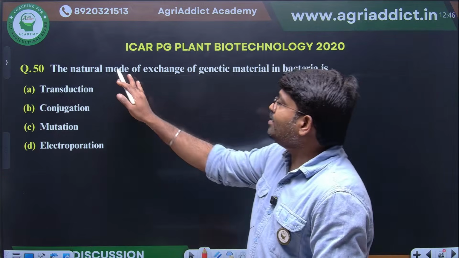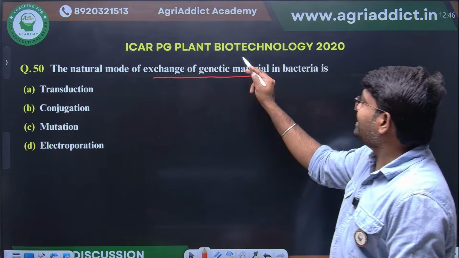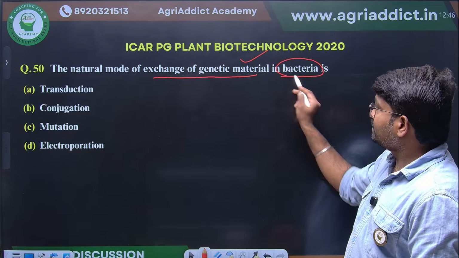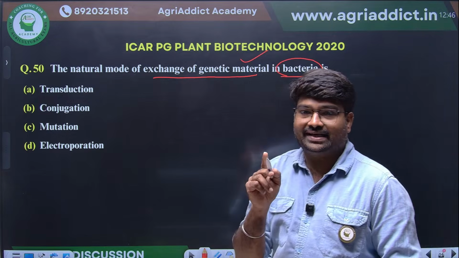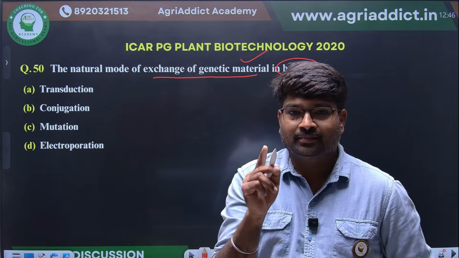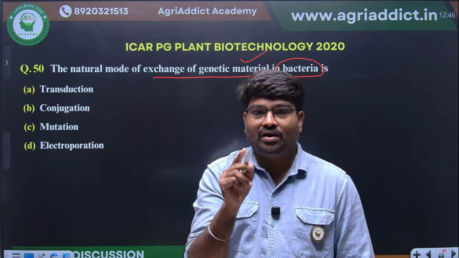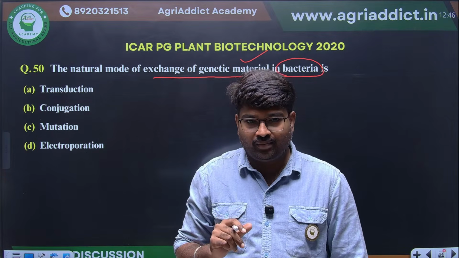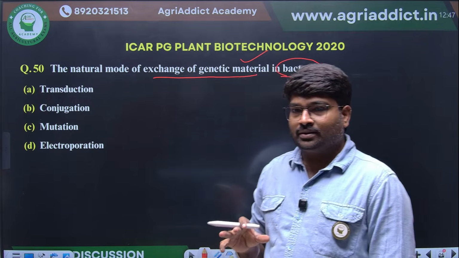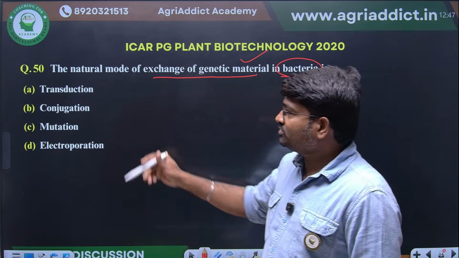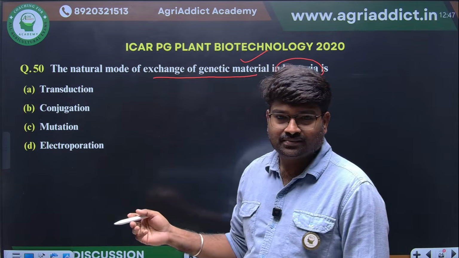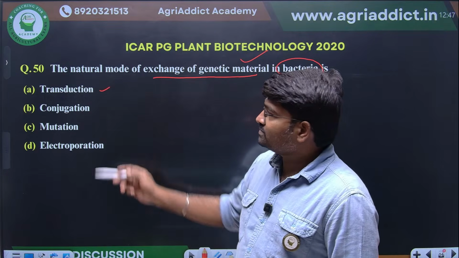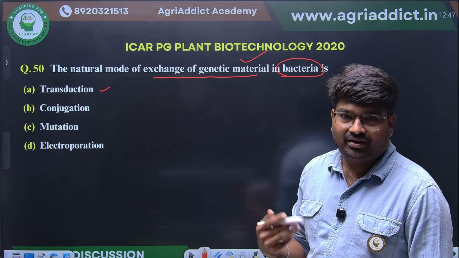The natural mode of exchange of genetic material in bacteria. They are asking particularly the natural mode of exchange. What will be the answer? Transformation is different; we do transformation in lab conditions. Transduction is also different; bacteriophages will be there.